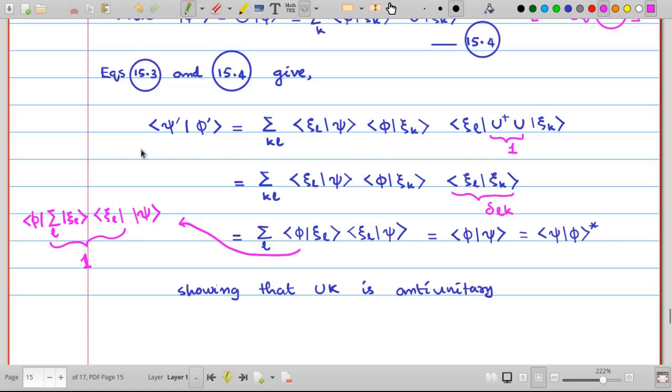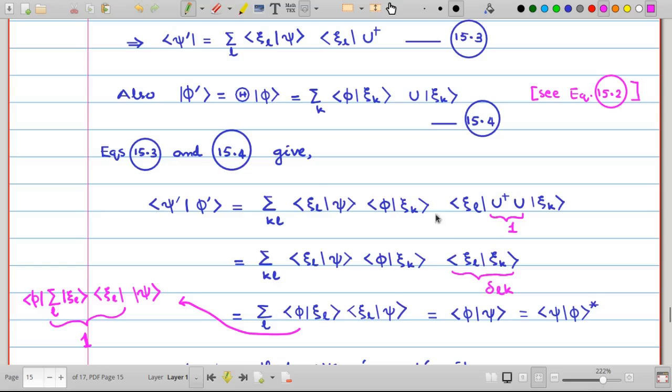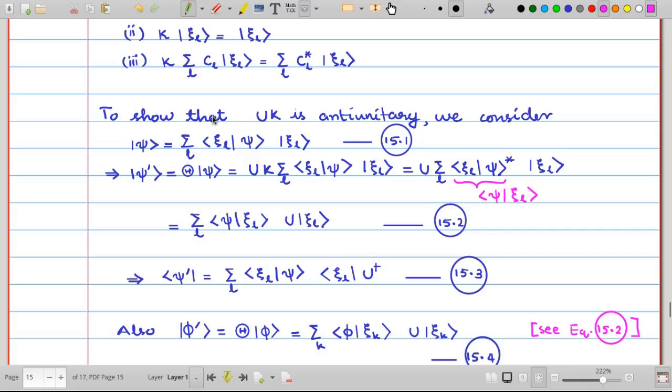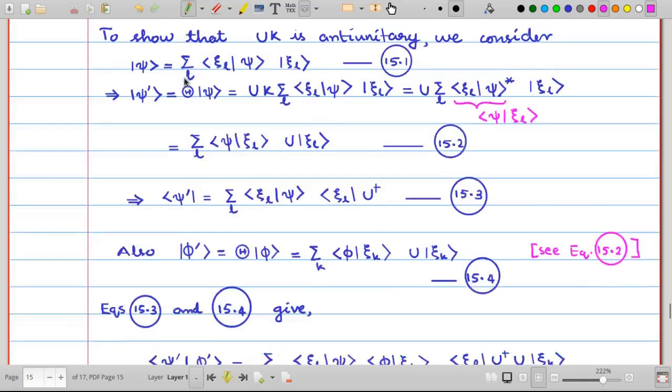So the inner product of the transformed states psi dash and phi dash is simply the complex conjugate of the inner product of psi with phi, the original states, if we write the transformation operator theta as the product of a unitary operator and a complex conjugation antilinear operator k.